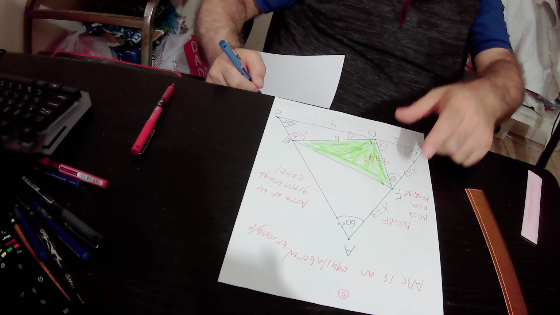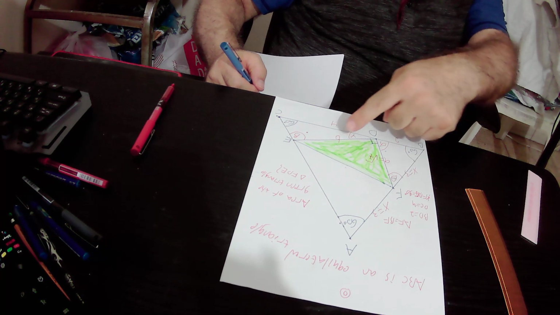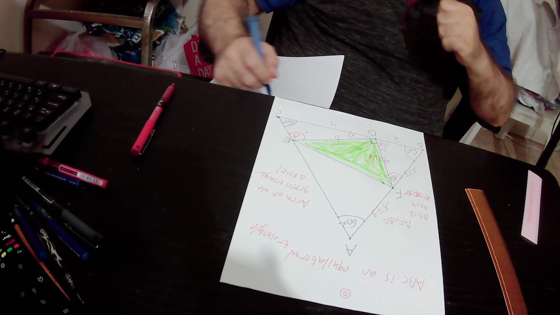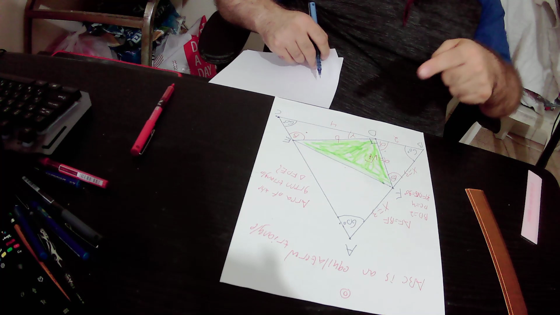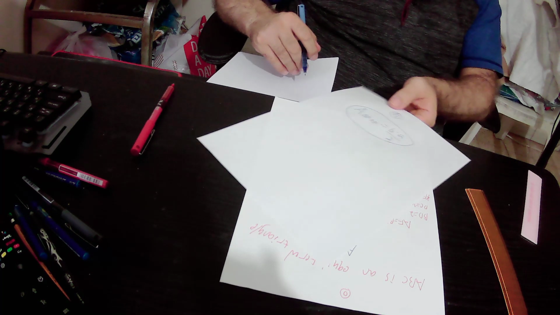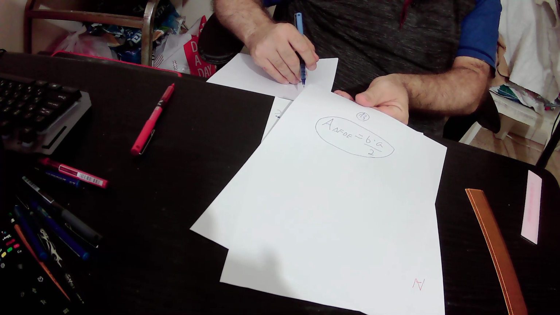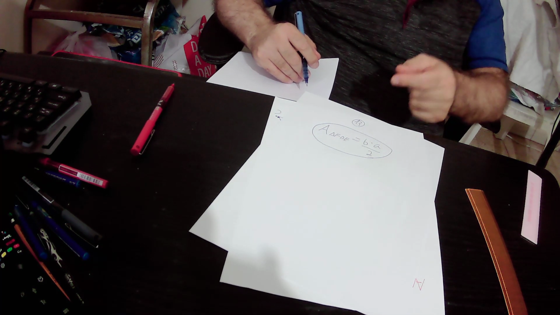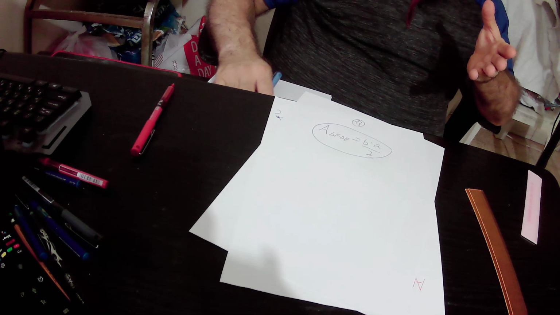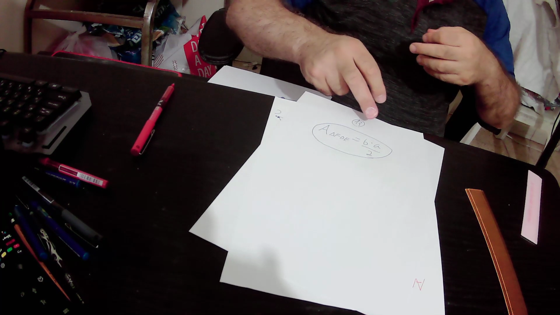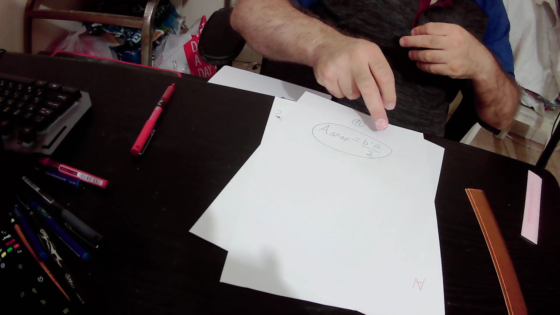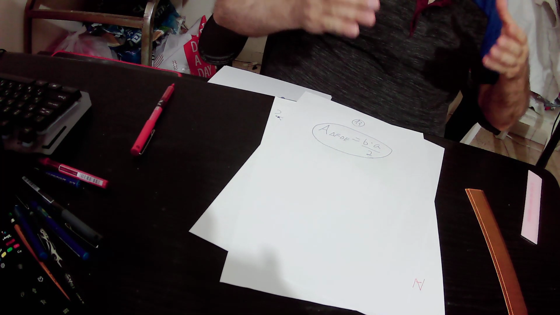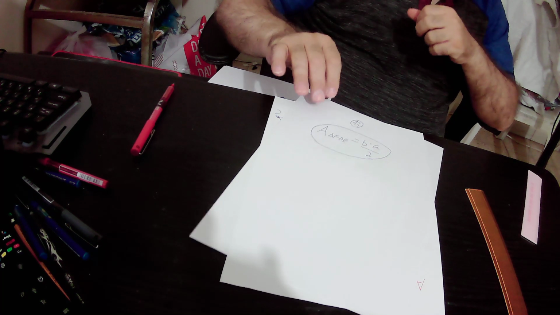You can see that the height A creates 90 degrees with the base B, because this angle is 90 degrees, so the area of the green triangle equals A times B over 2. We already know the values of B and A, so we simply substitute them and we will get the area of the green triangle FDE.